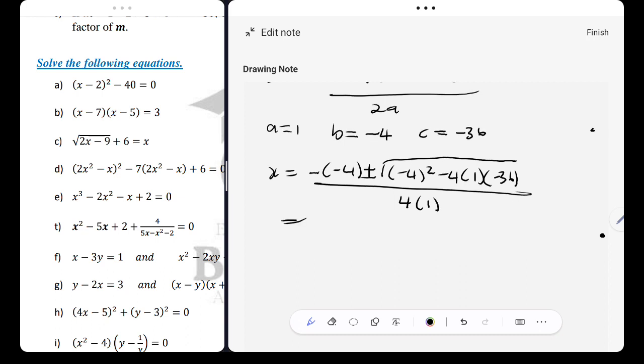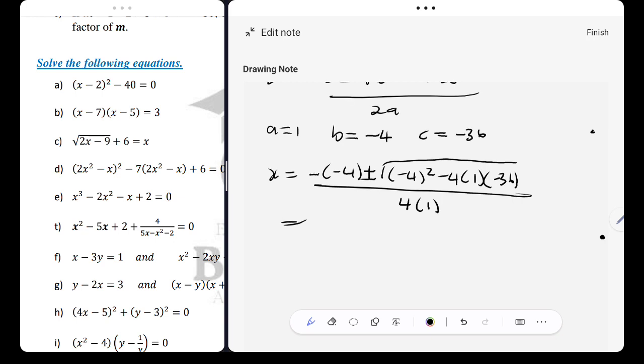All together. So in this case, a negative 4 times a negative 4 will get a positive number. Here I'll get a 16 plus 144, all over 2.